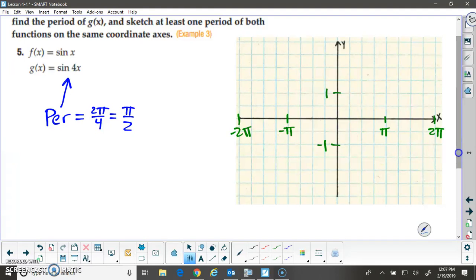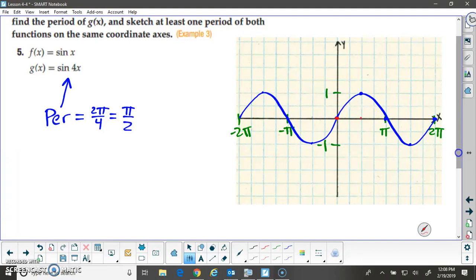So now to just draw a basic sine wave, we start with that point. So there's the 5 points for a sine wave. Continuing with that pattern. So there's a sine wave. Now if we graph sine of 4x, it's got a period of 1/2 a pi.